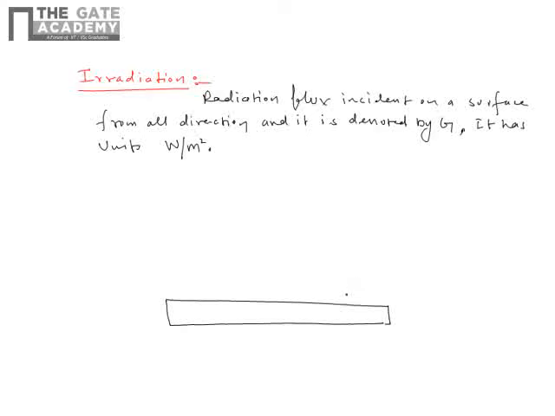Consider a surface on which irradiation G impinges. Some amount of it is being reflected, some of it is being transmitted, and some of it is being absorbed.